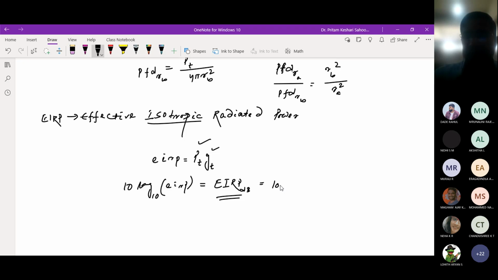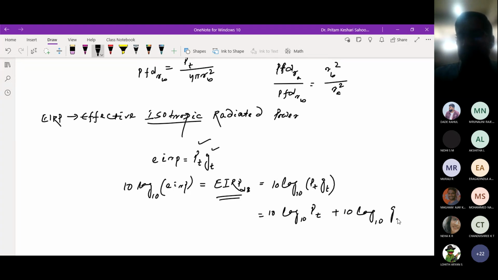So this equals 10 log base 10 of PT into GT. So this we can write as 10 log of PT plus 10 log of GT.